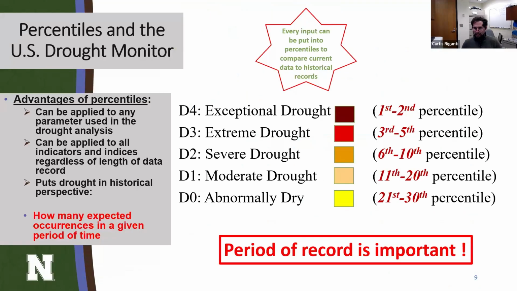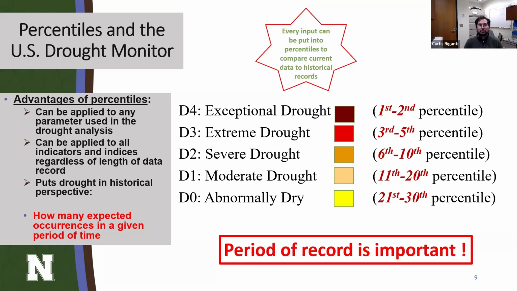So kind of just restating a few of the things that we went through. That was an example using just precipitation data. Percentiles are nice because you can apply percentile methodology to really any data that you can rank through some sort of time series or series of data across some population of things.